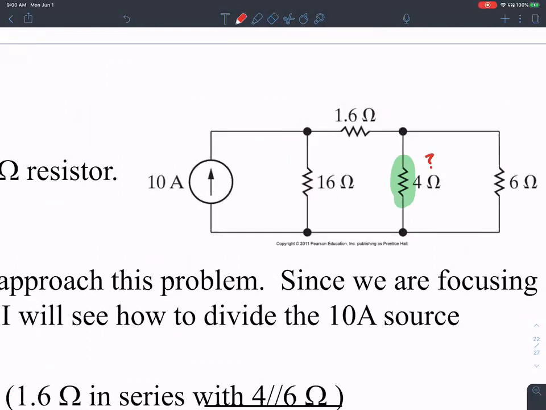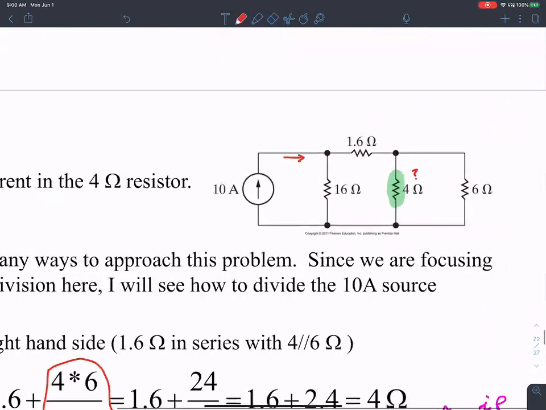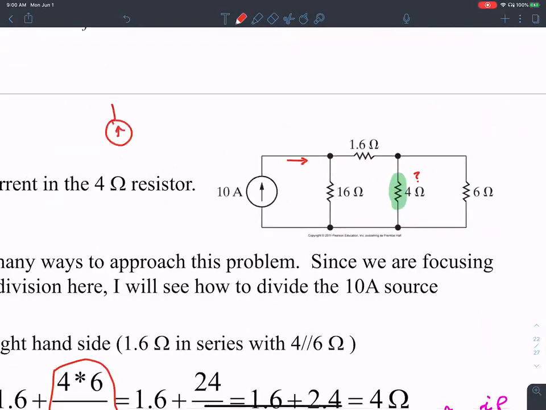The first thing I do is look at the total current here, and I'm going to make a simplification.